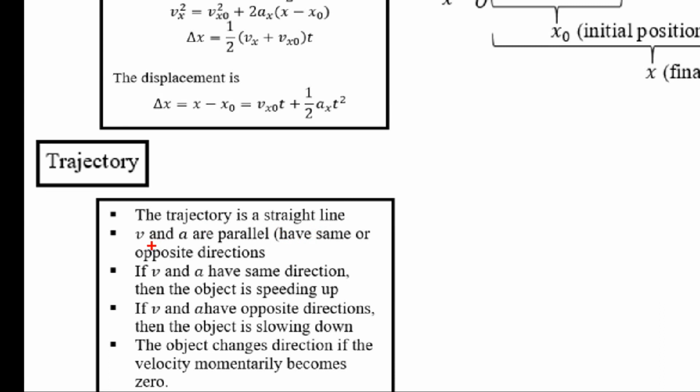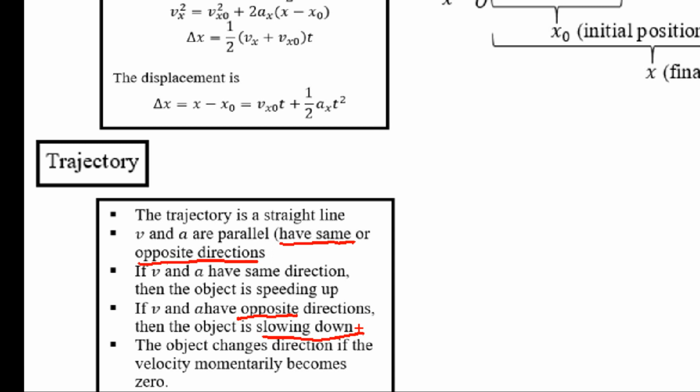Now here we have two cases. At the beginning, v and a are parallel. They might have the same direction or opposite direction. If v and a have the same direction, as we stated previously, that means that the object is speeding up, because in this case the acceleration would be generating the velocity. However, if v and a have opposite direction, it means that the object is slowing down because the acceleration is breaking down the velocity.